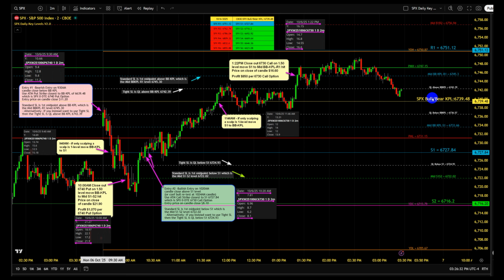So this is not your only trading level with this indicator. All of your main levels are trading levels, the R1 through R6, the S1 through S6, plus the bull bear KPL, and we will explain how to take bullish and bearish trades off of those other levels as price moves throughout the rest of the session.